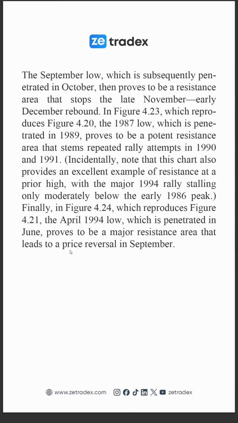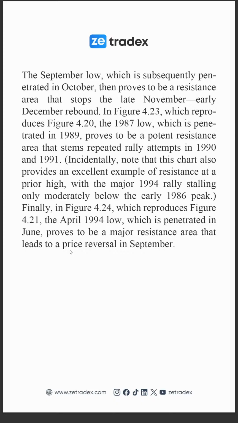Now, the September low, which is subsequently penetrated in October, proves to be a resistance area that stops the late November, early December rebound. In figure 4.24, which reproduces figure 4.20, the 1987 low, which was penetrated in 1989, proved to be a potent resistance area that stems repeated rally attempts in 1990 and 1991.